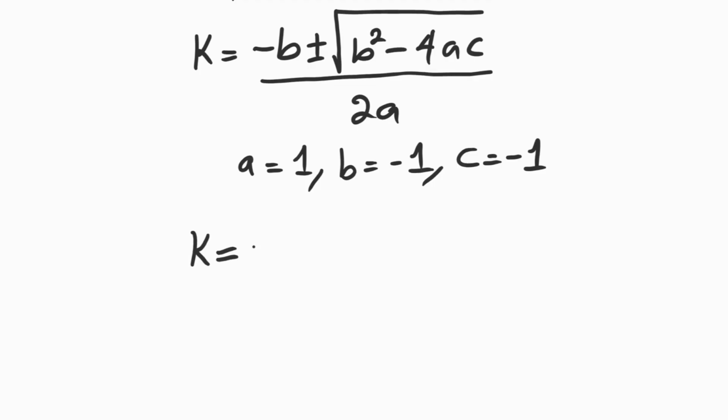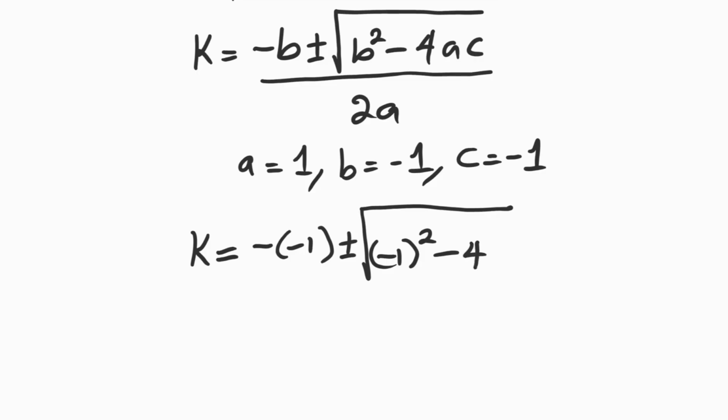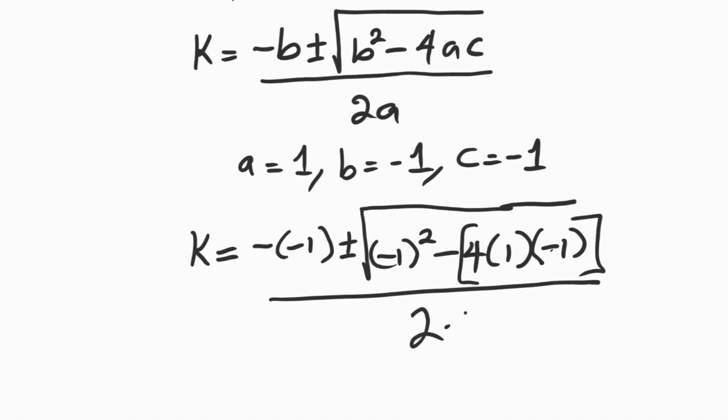We have minus into minus 1 plus or minus square root of minus 1 squared minus 4, a is 1, c is also minus 1, all over 2a.